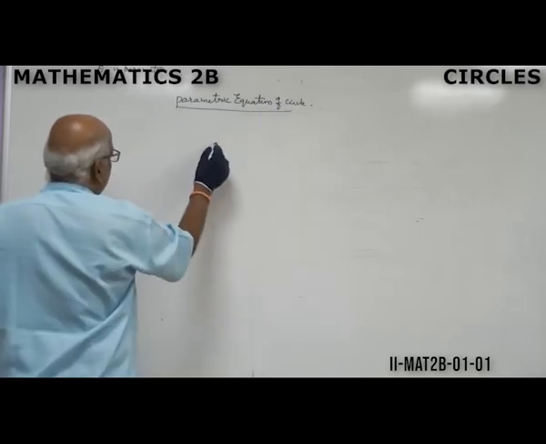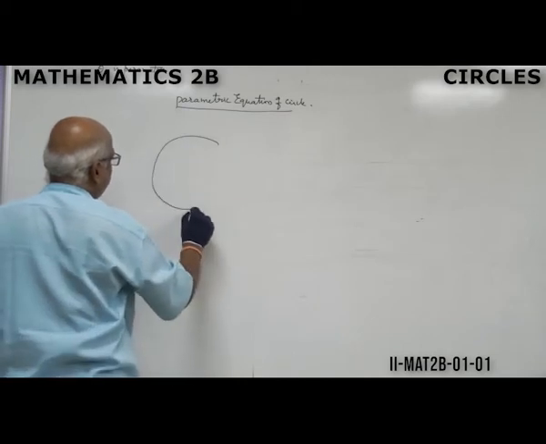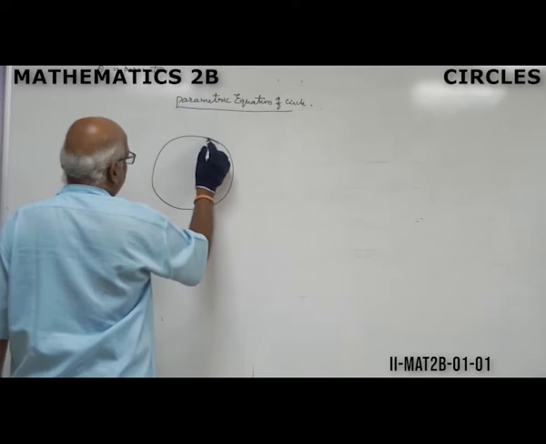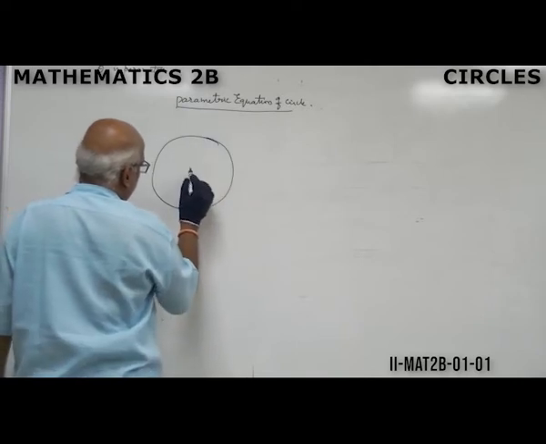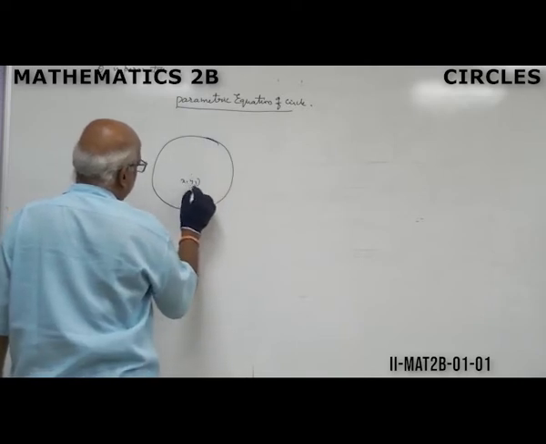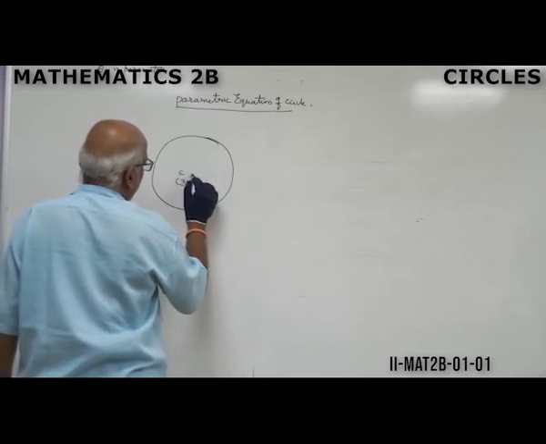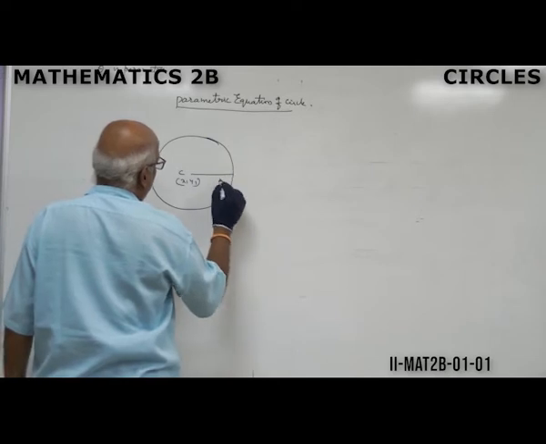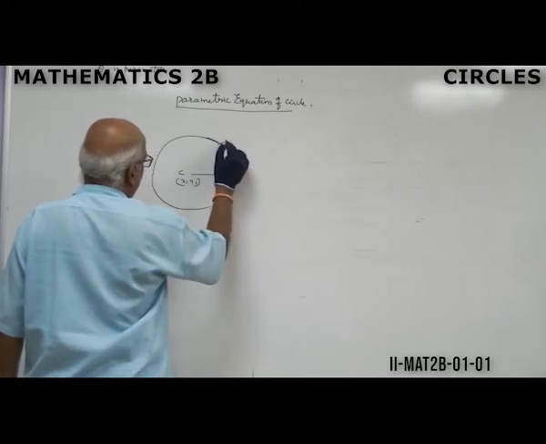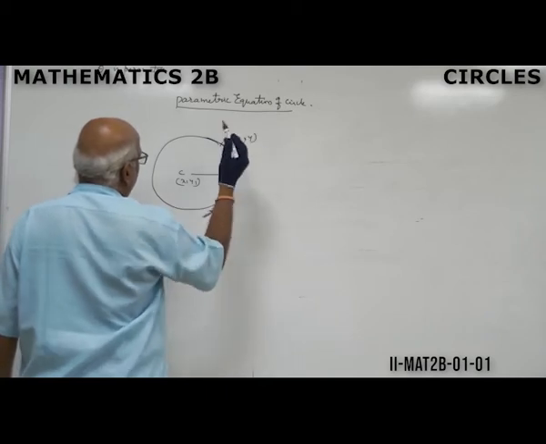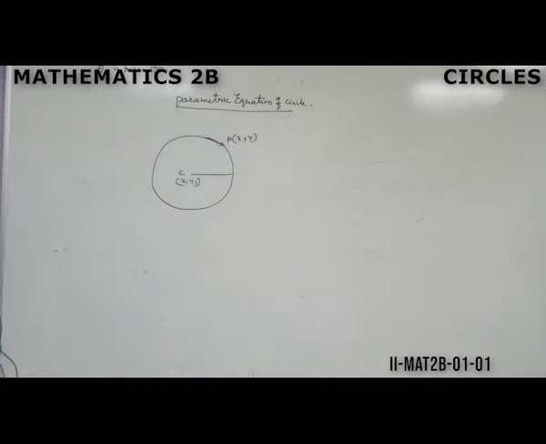Here, this is the required circle, let us say. Center coordinates (x1, y1). Arbitrary point, that is the moving point, has coordinates (x, y).